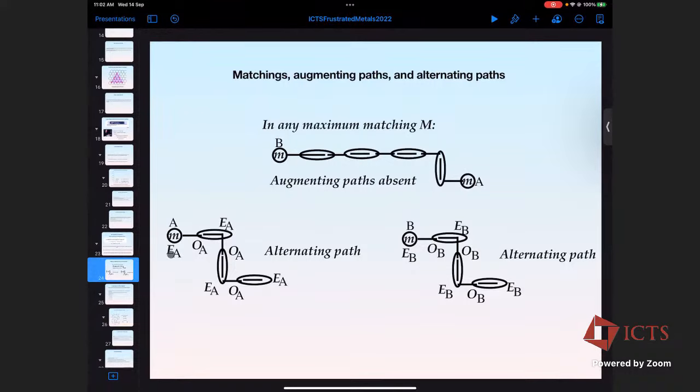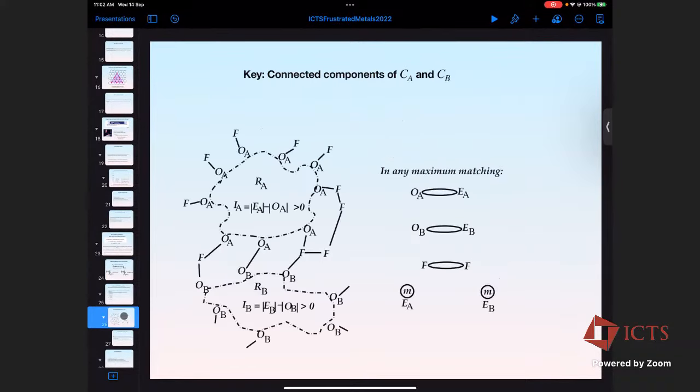And of course, if you started with the A monomer, you label things EA, OA, EA, OA like that. With the B monomer, it's the opposite. Then the theory tells you that you have this decomposition into E, O, and unreachable, and that this decomposition is independent of the maximum matching you started with. That's what the theory tells you.